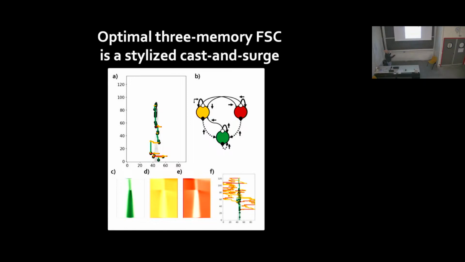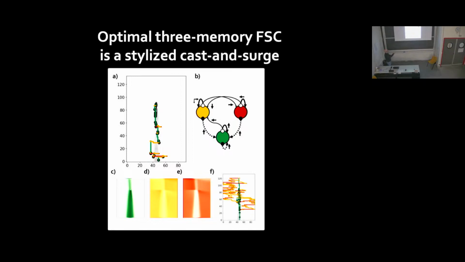Here you see a longer trajectory in which it takes much longer to get to the source. It even hits the side boundaries here. But you see that the pattern is essentially doing this cast with a retrograde motion in the yellow phase, which is the one that allows you to recover the source if you overstepped it by chance. And here you see the occupancy maps of these memories.